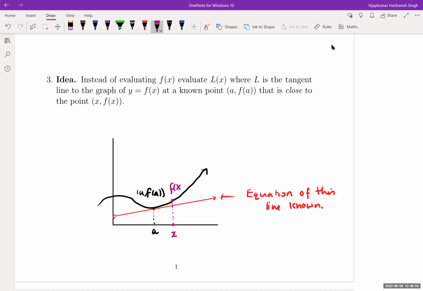So f of x is your question mark, but instead of finding f of x, you will basically take this value, and this will be your linear approximation. Yeah, so you can report that this point is close enough.